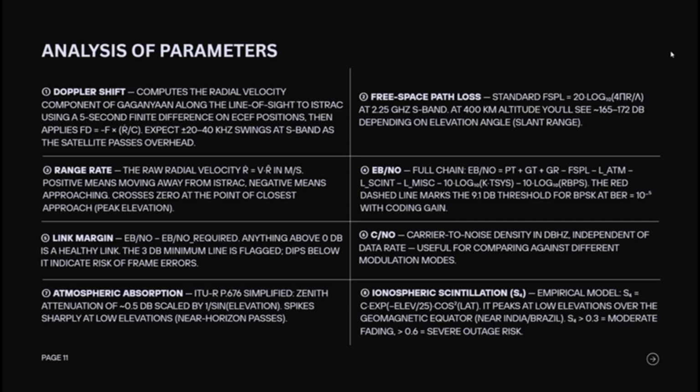Atmospheric absorption causes signal attenuation because gases like oxygen and water vapor absorb part of the radio signal. Ionospheric scintillation causes rapid signal fluctuation due to irregularities in the ionosphere, especially near the equator. Since India is in the near equatorial region, this becomes an important factor in satellite communication analysis.